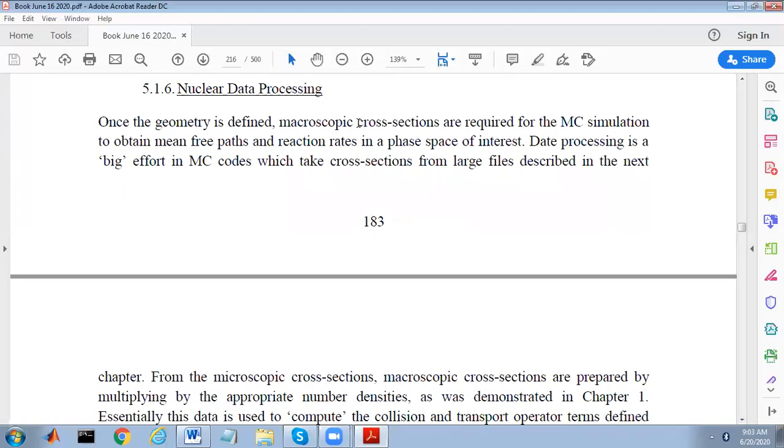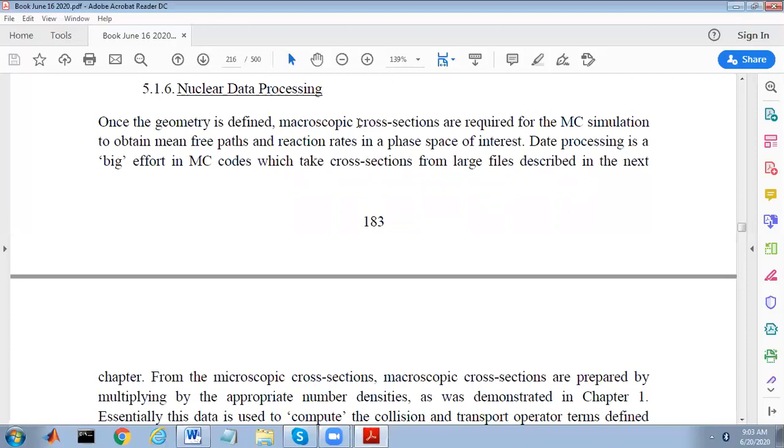BNL, Brookhaven National Lab, has a lot of contribution over here, and then Oak Ridge National Lab, Los Alamos National Lab, Lawrence Livermore Lab, and Argonne National Lab. All these labs developed it, and then the Japanese evaluations are there, the Chinese evaluations are there.